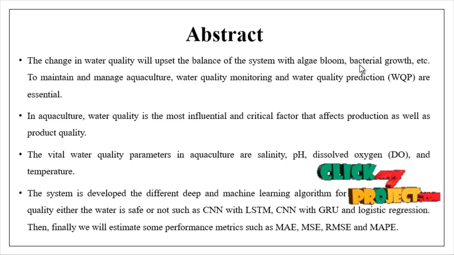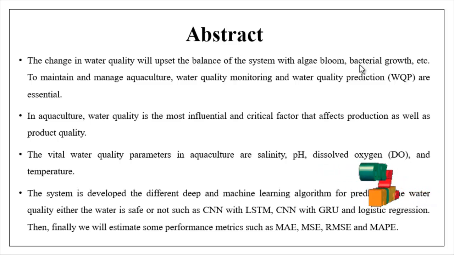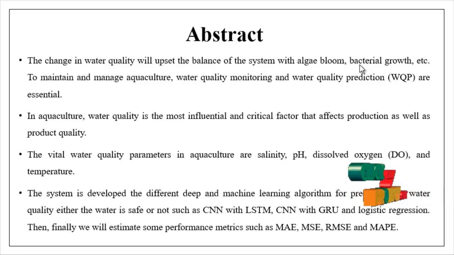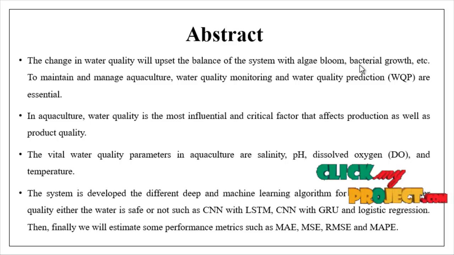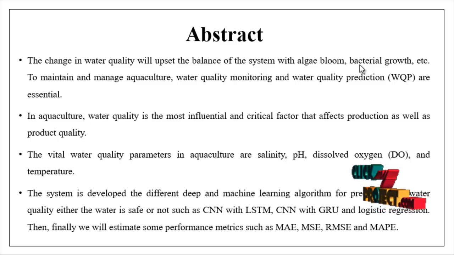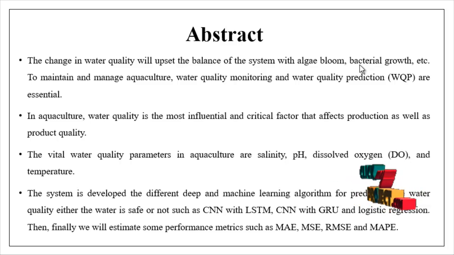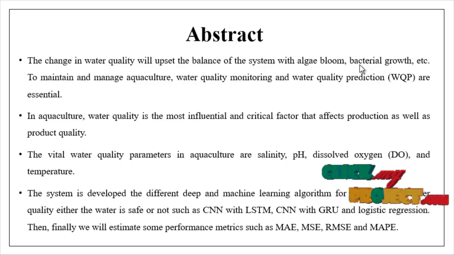The main objective of our project is to predict or analyze the quality of the water in aquaculture by using different classification algorithms. The change in water quality will upset the balance of the system with algae bloom, bacterial growth, etc. To maintain and manage the aquaculture, monitoring the water quality and prediction are essential.